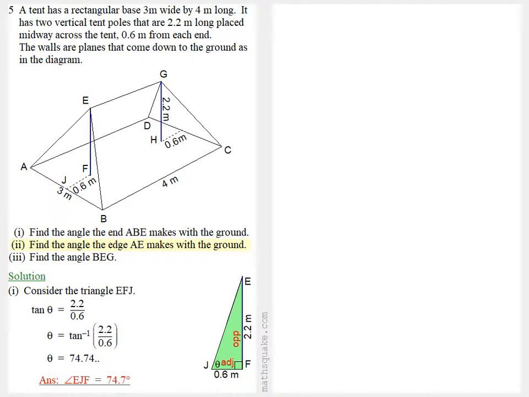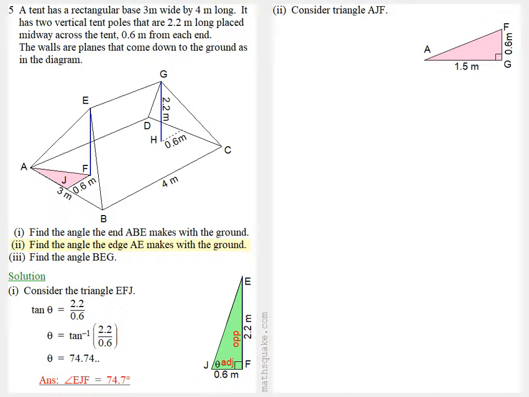Now in part 2, we're asked to find the angle the edge AE makes with the ground. So we need to consider the triangle AJF, and we need to draw a flat diagram.